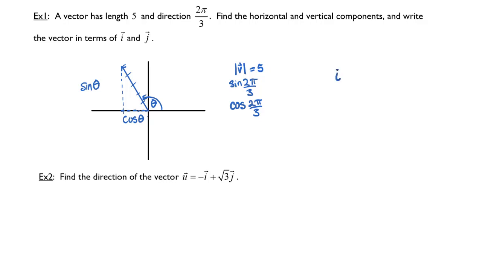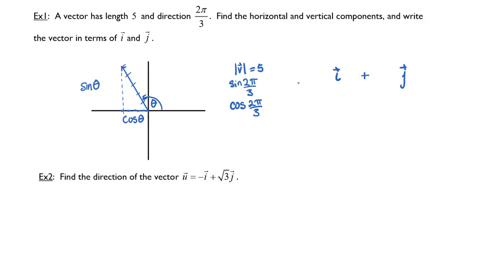First, I'm going to list the i direction, or x direction. Then I'll list the y direction, or the j vector. And I know that it's going to be a sum.